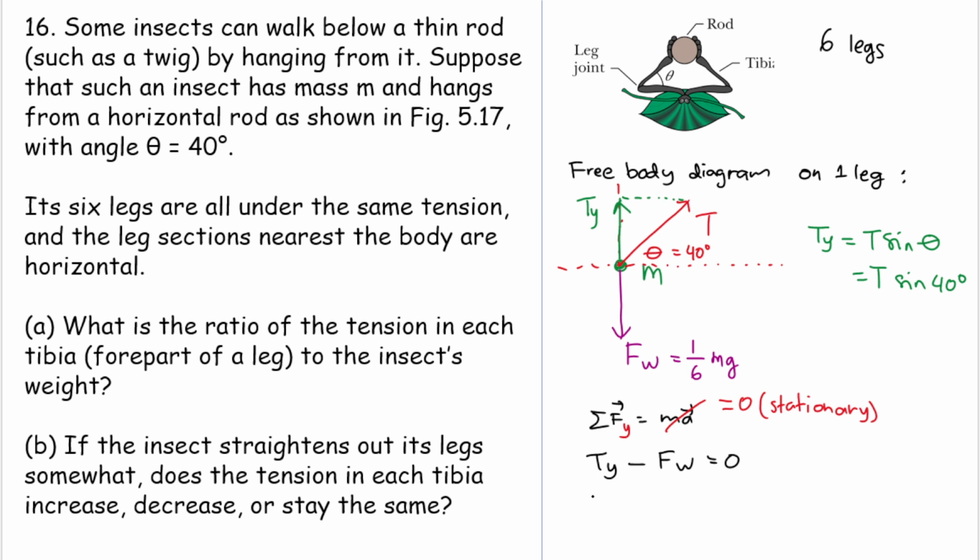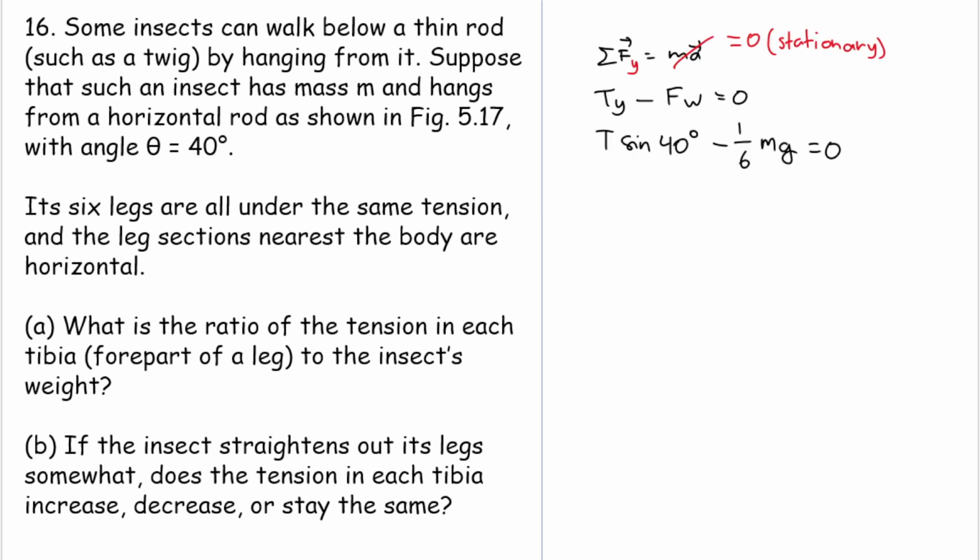And then we will have T sine 40 degrees minus 1/6 times the mass times the gravity. All of that will equal 0. Good. I think our slide is full. Maybe let's just save this and continue in the next slide.